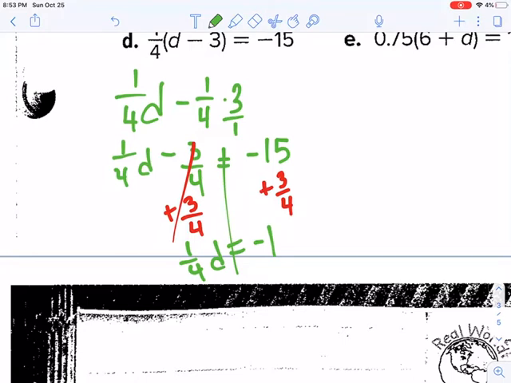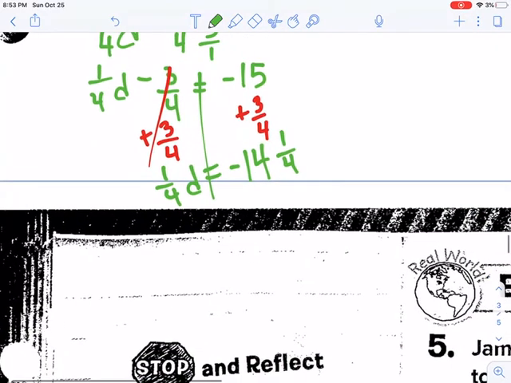So that's technically like subtracting. So negative 14 and 1/4. All right, and then you would divide by 1/4 on both sides. And that's going to give you d equals, and then this, you can work out.